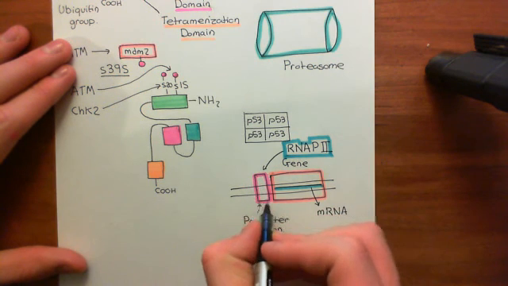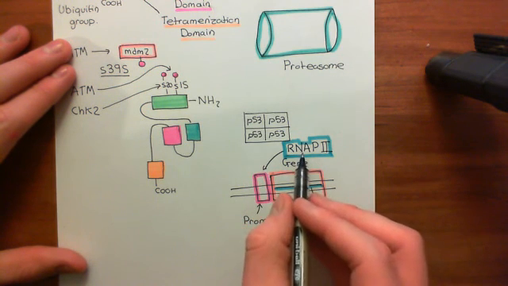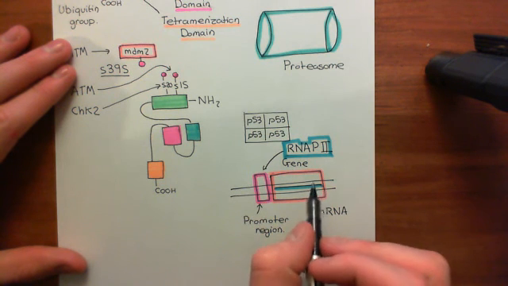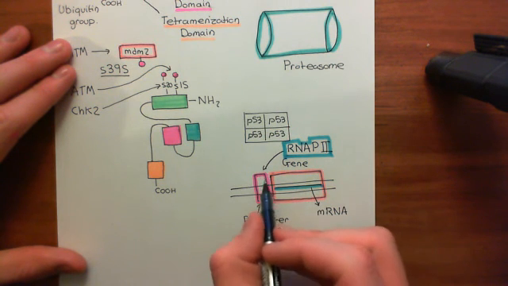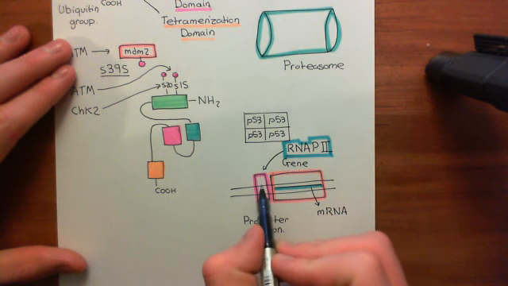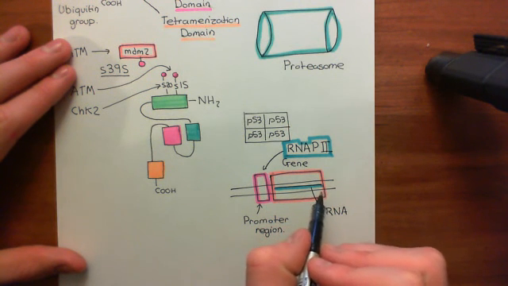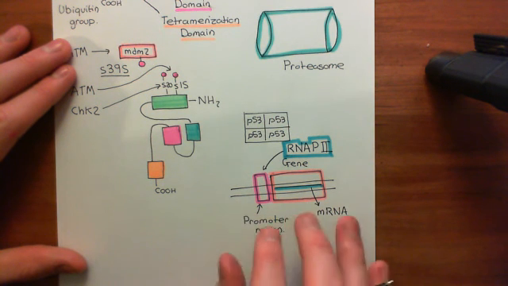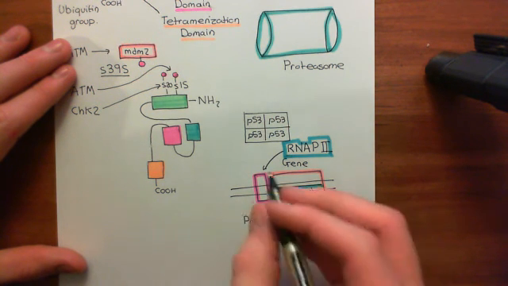So if the promoter region is good at binding to RNA polymerase 2, that's going to lead to high expression of the gene. Whereas if it's bad at binding to the promoter region, then it will bind there hardly ever, and therefore you'll get hardly any mRNA being produced, and therefore hardly any protein being produced. So that's how promoter regions control the expression of genes.